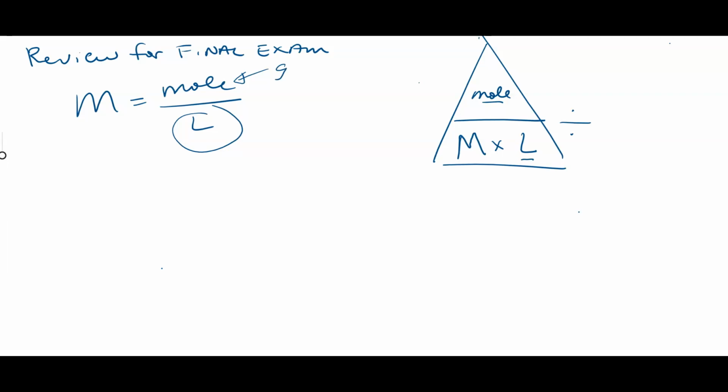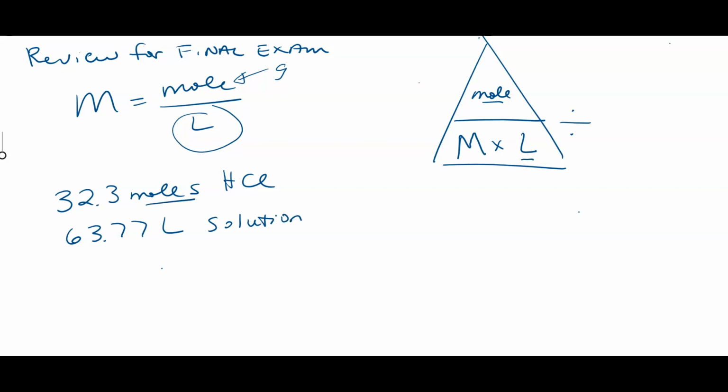So say they want the molarity of 32.3 moles of HCl. And they're also giving you 63.77 liters of the solution. And they're asking for the molarity.